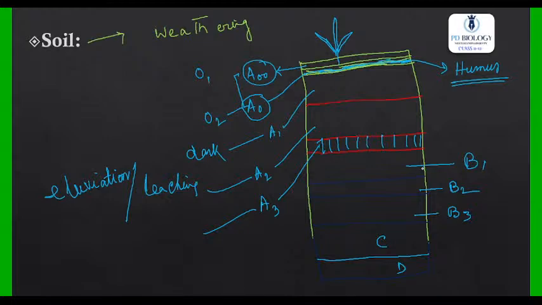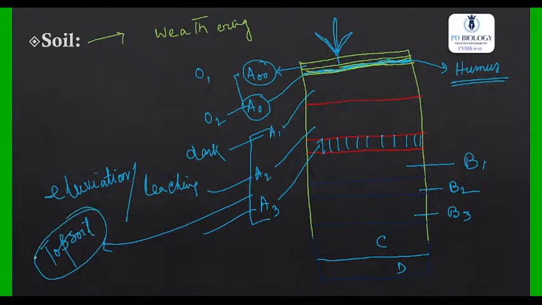Next one, the B horizon. The A horizon is also called the topsoil. Very important question. Topsoil. And B horizon is also called subsoil.